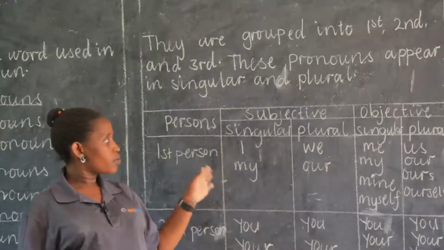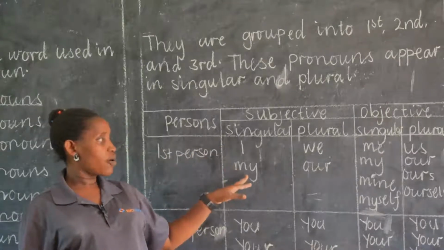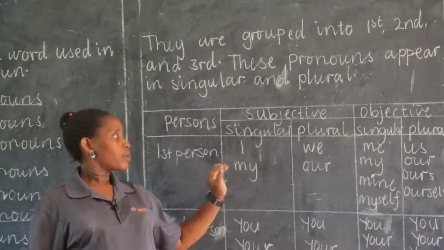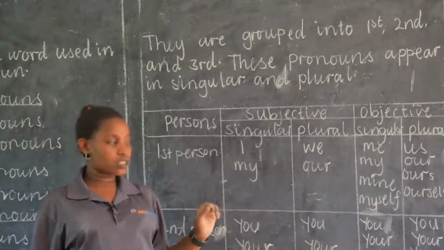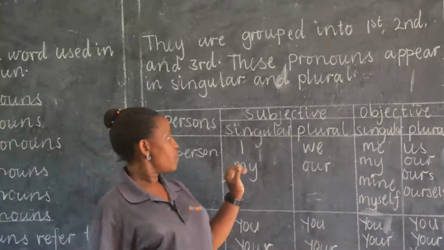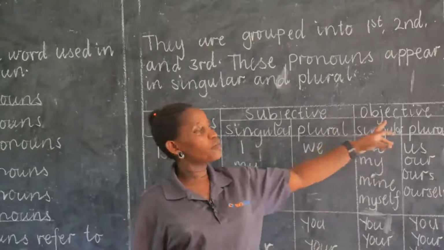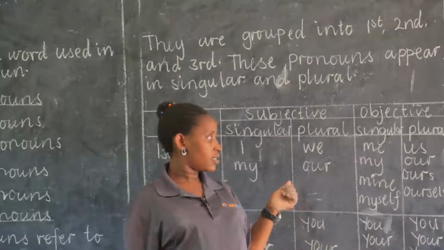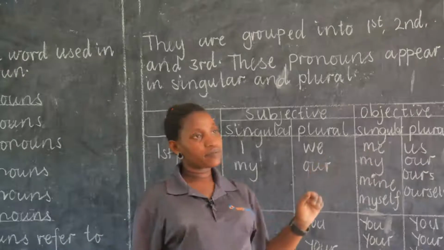These are now personal pronouns. First person, singular. This is possessive now. Possessive, singular. And possessive, plural. This is personal, subjective. Then we are looking at the first person. We have object, objective, those ones that come at the end of the sentence. We have me.